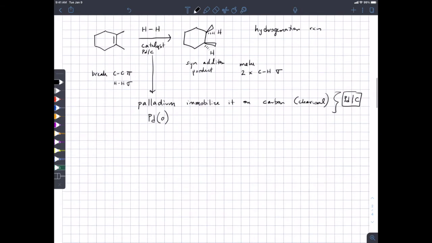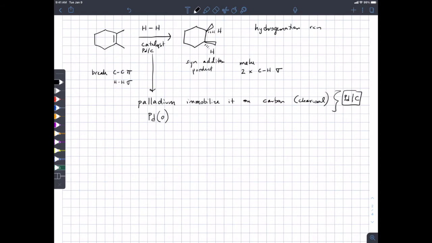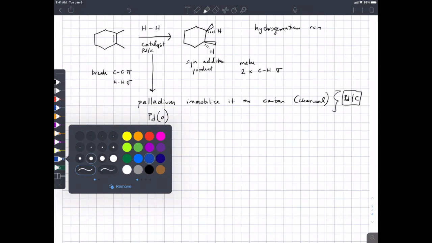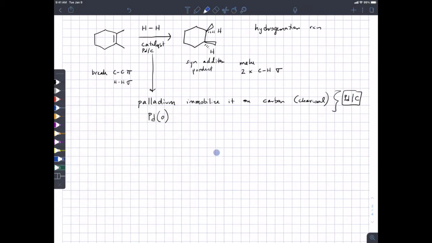I want to give you just a sense for how maybe this reaction occurs. In what we're going to draw, blue circles represent palladium atoms on a surface, and I'm just randomly putting dots around. I don't actually know what the microscopic structure of palladium immobilized on carbon is.